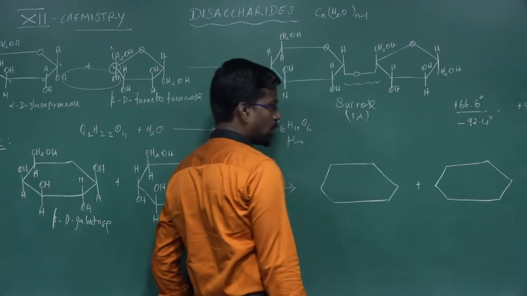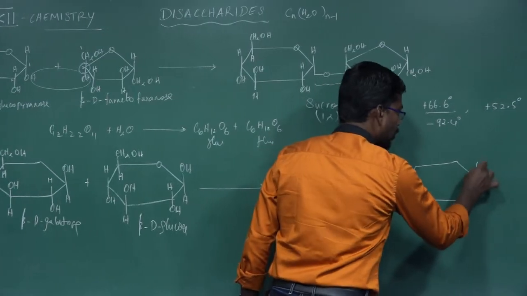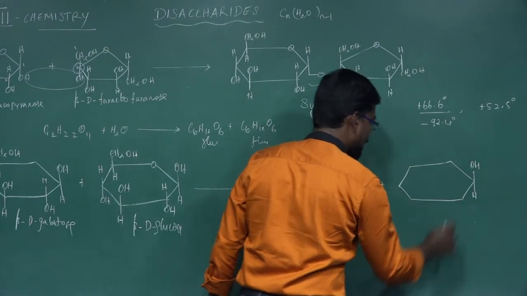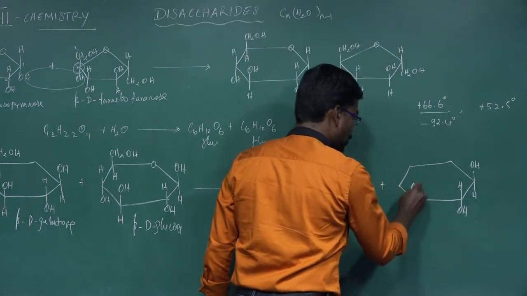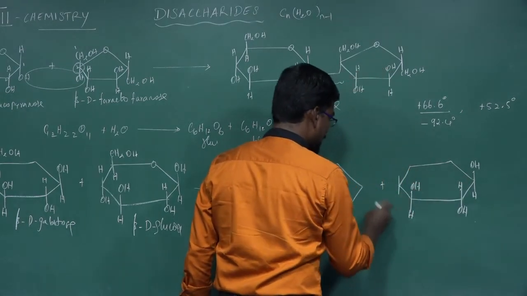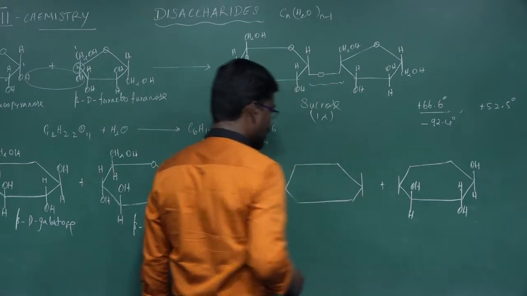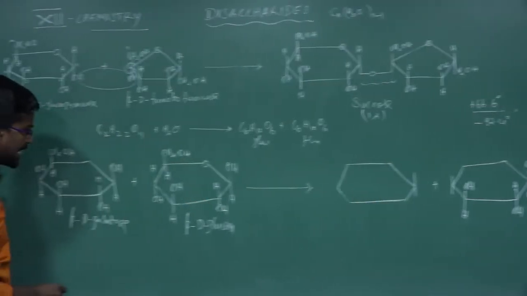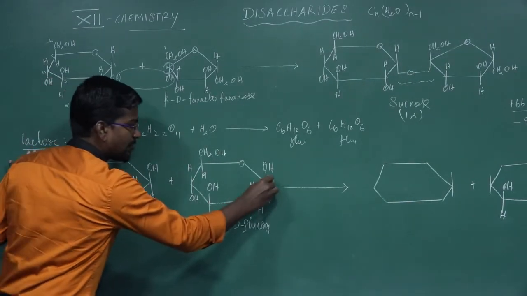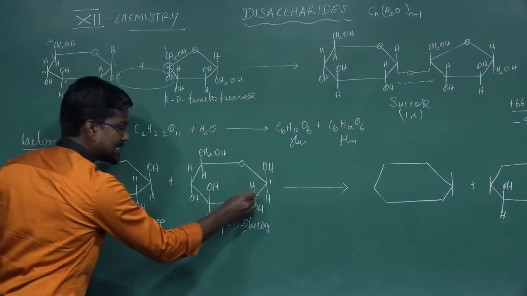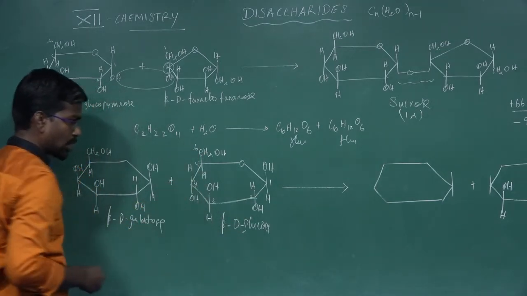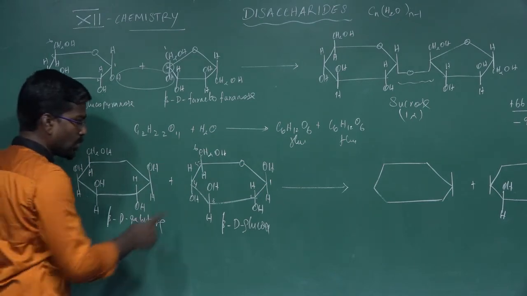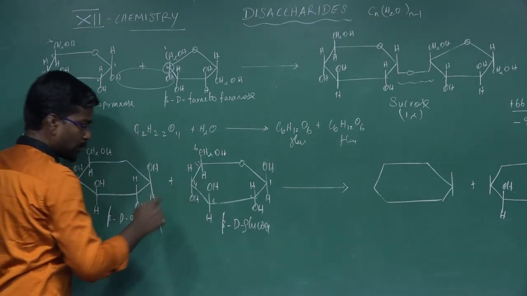How do we find the 1,4? Listen here. This is the first carbon, the anomeric carbon, then second carbon, third carbon, fourth carbon, fifth carbon, sixth carbon. In total, 6 carbons are there in glucose. The fourth carbon contains an OH group.